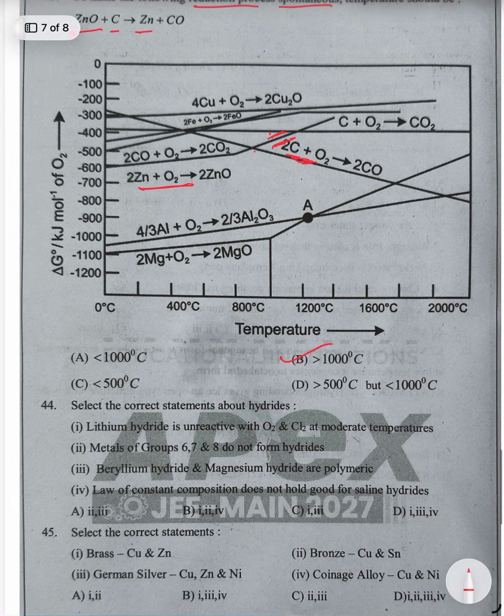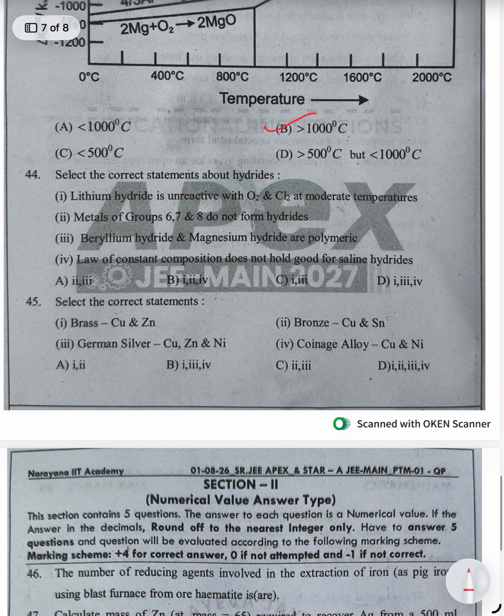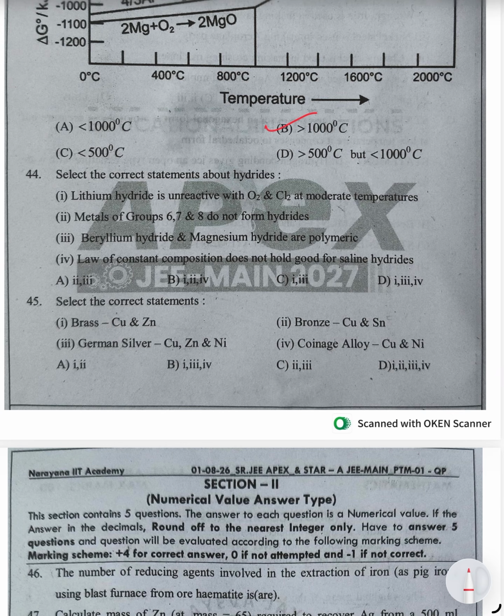Next, select the correct statements about hydrides. Lithium hydride is unreactive with oxygen and chlorine at a moderate temperature. Correct statement, because lithium hydride is a highly unreactive substance.